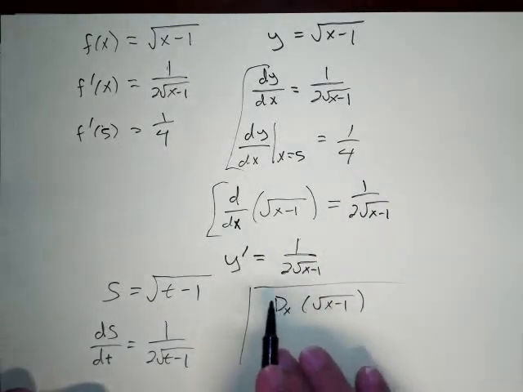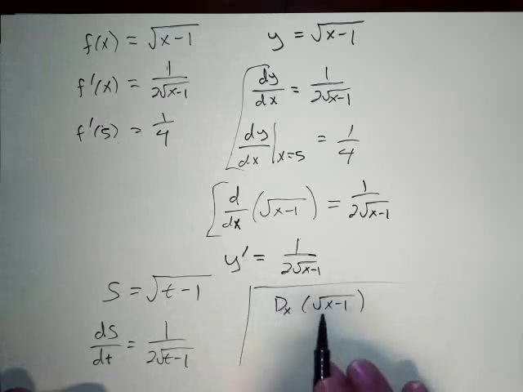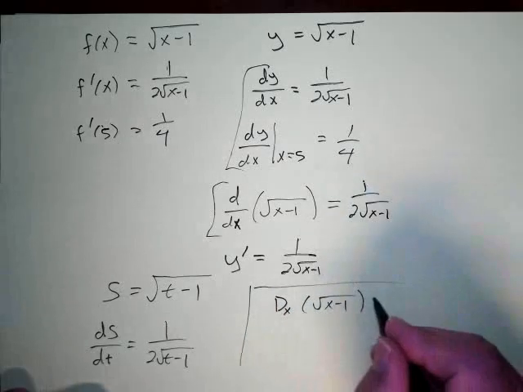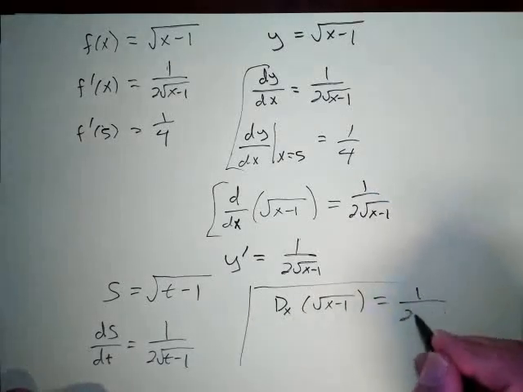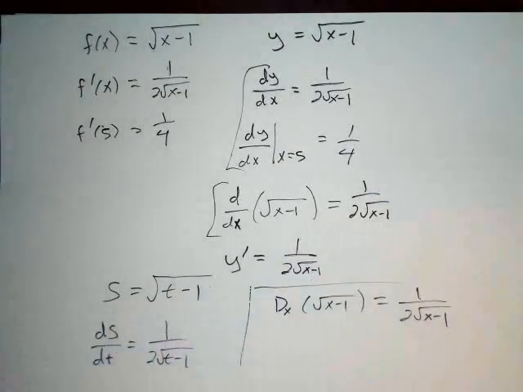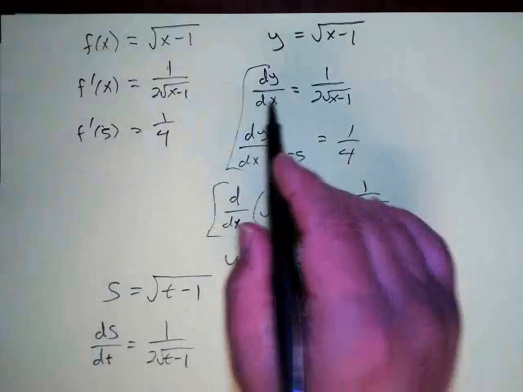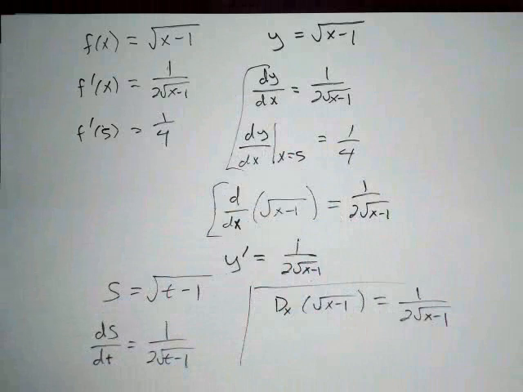This is saying take the derivative with respect to x of this function inside the parentheses, and you get 1/2 square root of x minus 1. So that's a different sort of notation. But these are the most common notation. So just be on the lookout for that. Get used to whatever notation they throw out at you. And they will throw out different notation at you.